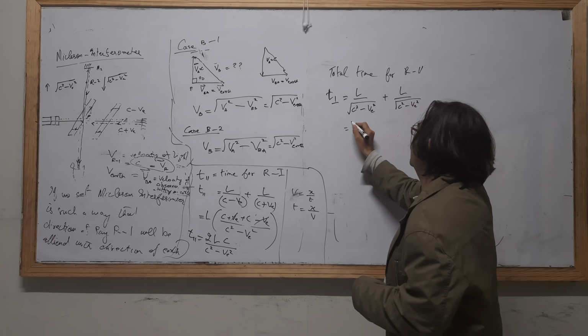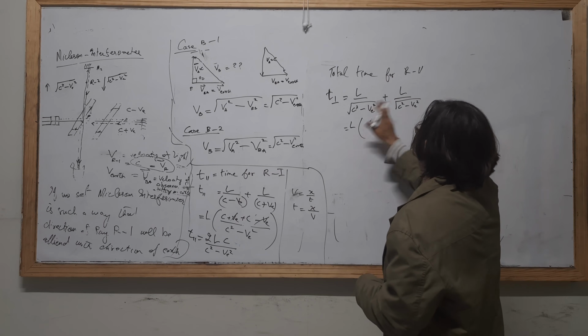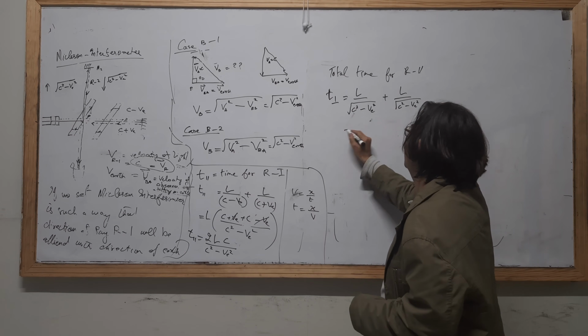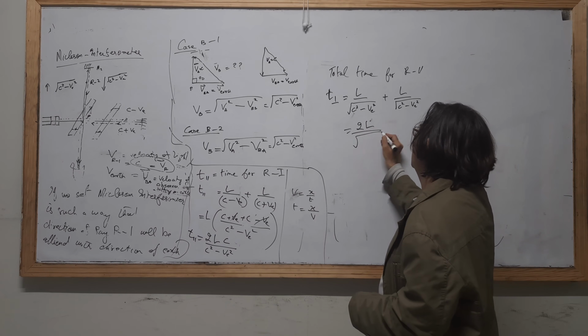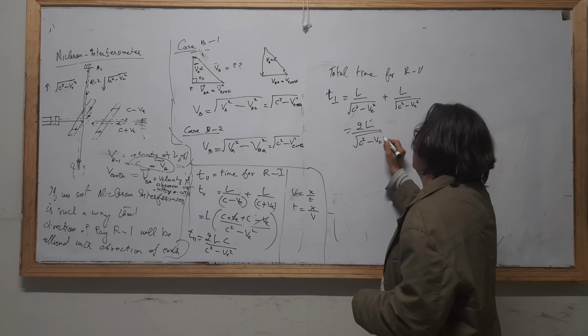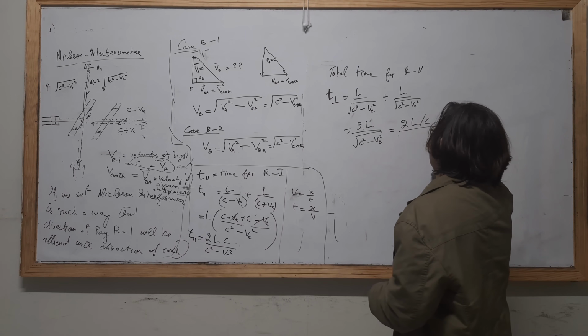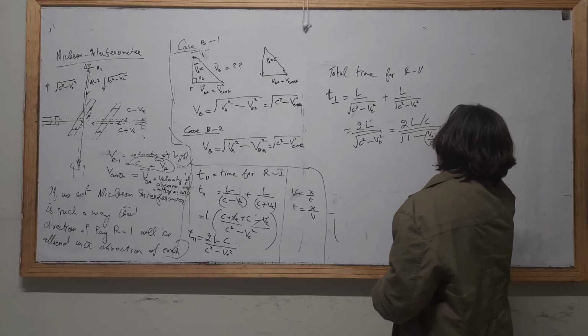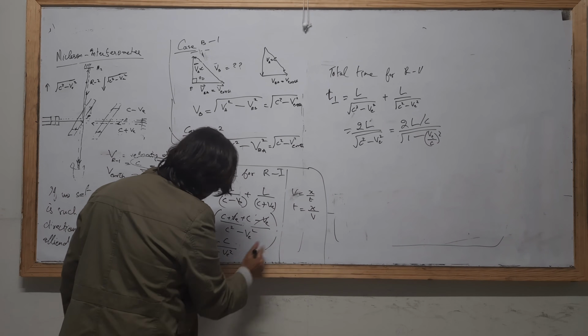If we take L common, then 1. When we add both, that gives 2L over C square minus VE square. It may also be right if we take C common, then that will be 1 minus VE over C square. Here we may take C common in this way.